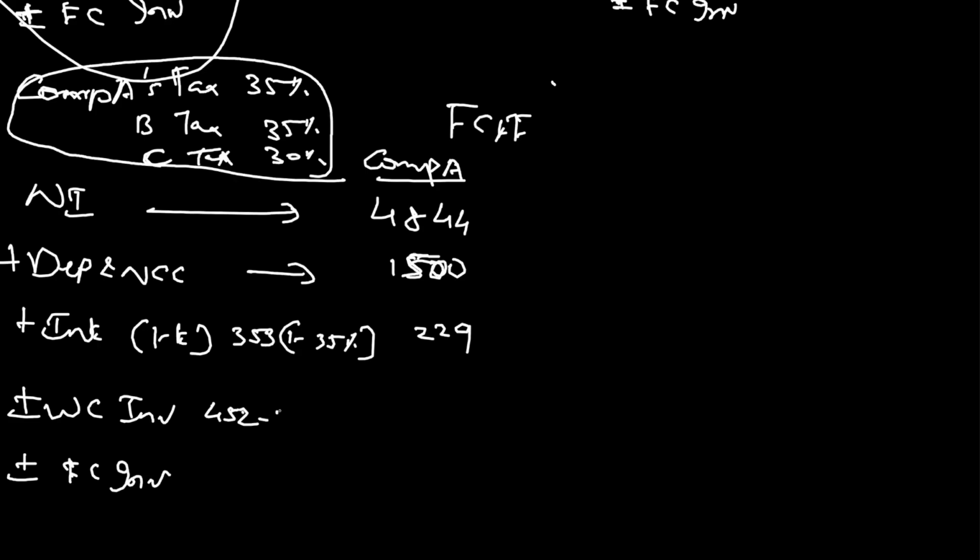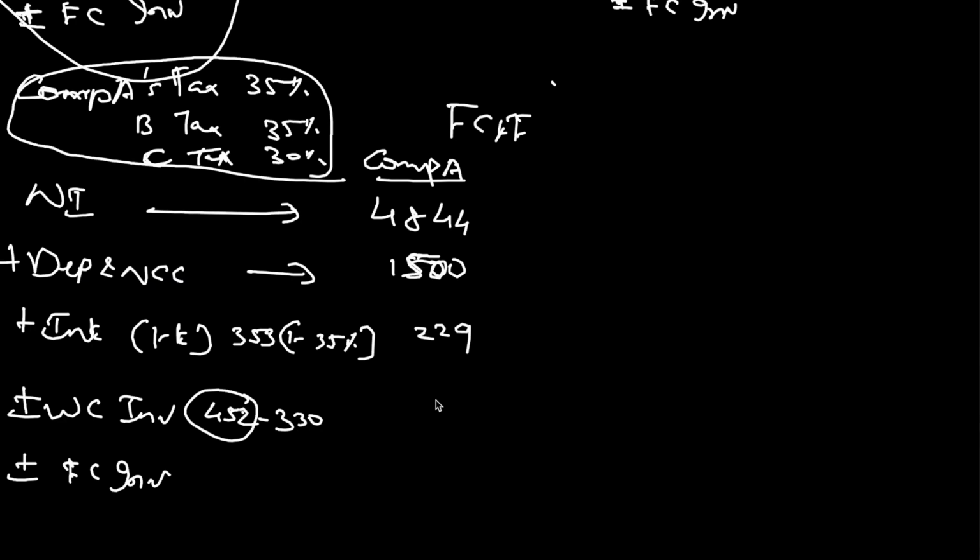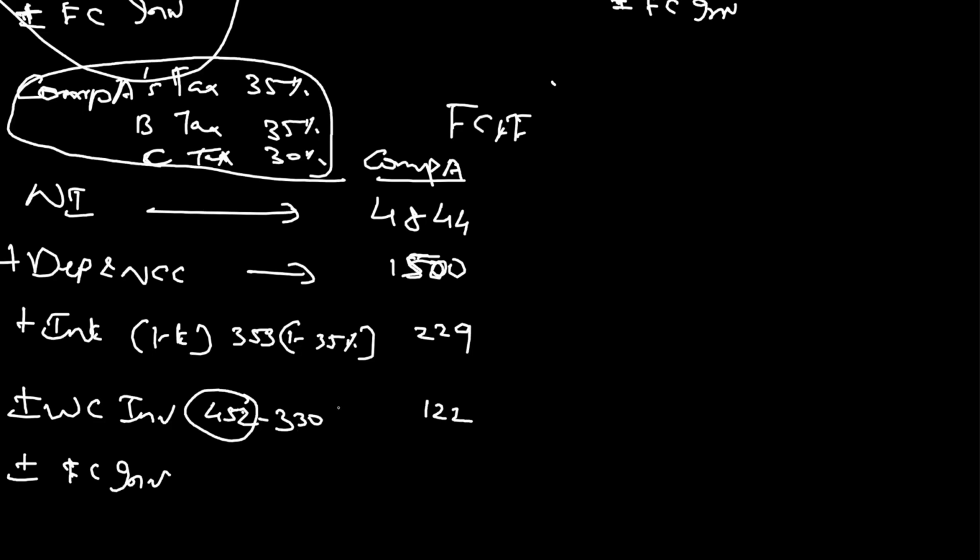So balance comes to 122. But this current asset is the bigger number, so I will take this as minus 122. So here 452, the bigger number, is in minus. So I am taking this as minus 452.